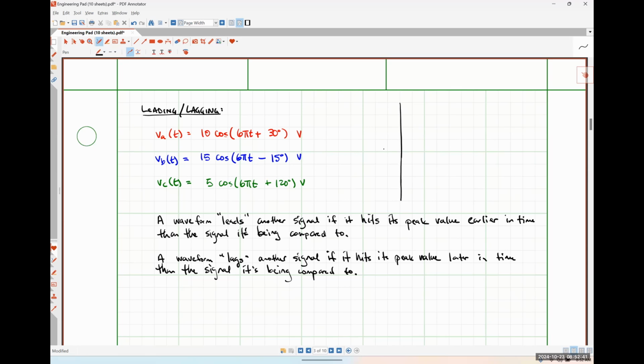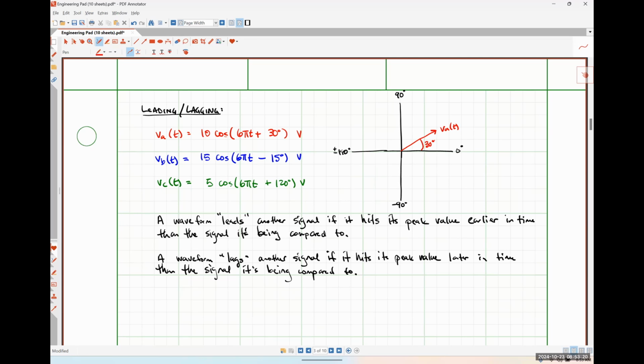Okay. So if I were trying to make a phase diagram for these three signals, it might look something like this. This would correspond to 0 degrees. This is positive 90 degrees. This is plus or minus 180 degrees. And this is negative 90 degrees. My red signal would be something akin to this, where this angle right here is just 30 degrees. It arguably has a length of 10 units, but that doesn't matter too much.